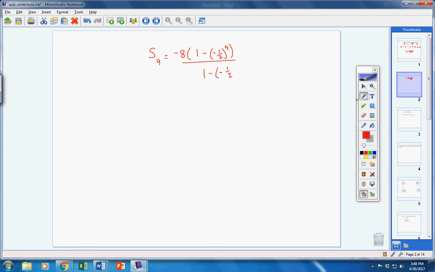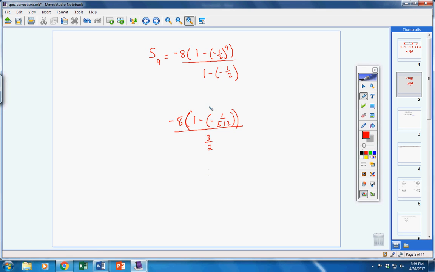Now for the top, first of all, you do not take 1 minus a -1/2 first. You do the power first, okay? So I would have -8, parentheses 1 minus, now a -1/2 to the 9th power is -1/512, all over 1 minus a minus is plus, so I get 3/2.